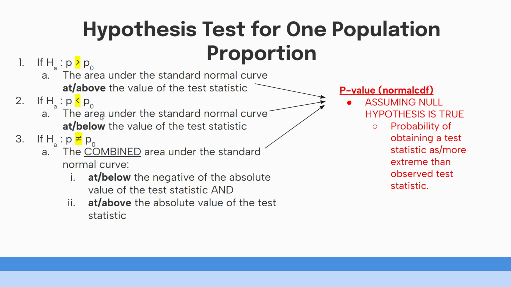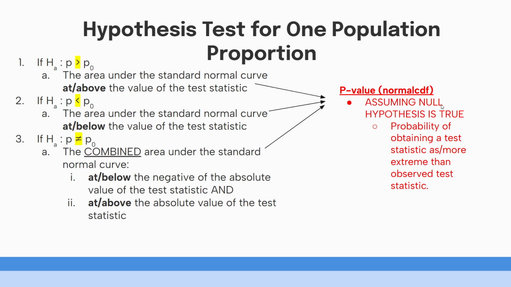If it's not equal to, so if we're saying that the true population proportion is not equal to our hypothesized proportion, we take the combined area under the standard normal curve at or below the negative absolute value of our test statistic, and at or above the absolute value of our test statistic. The area that we obtain from doing these things is our p-value.